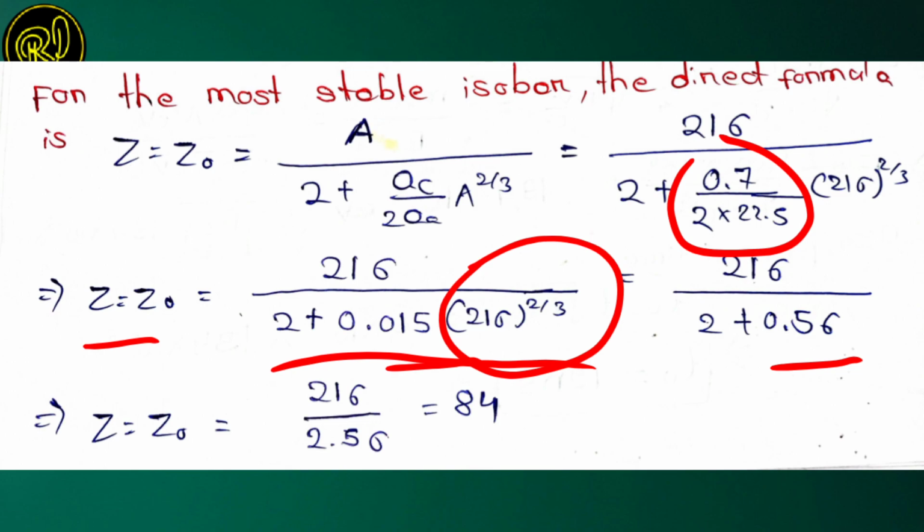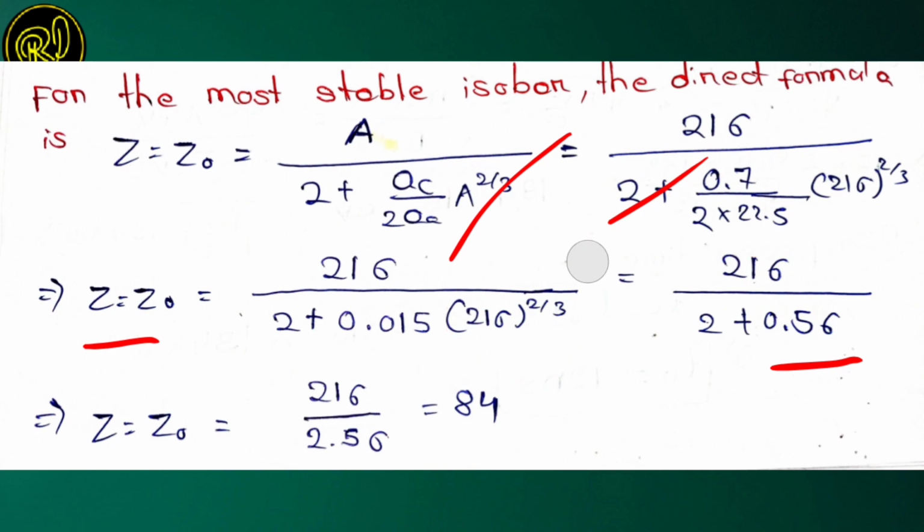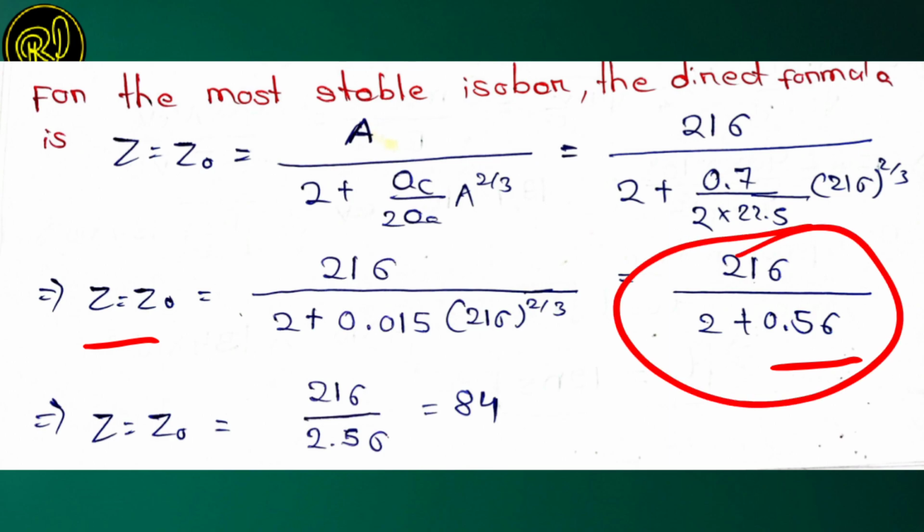You can put all this data in and solve easily. You don't need to do manual calculation in your examination. So now Z = Z0 = 216 by 2.56, which comes to around 84.